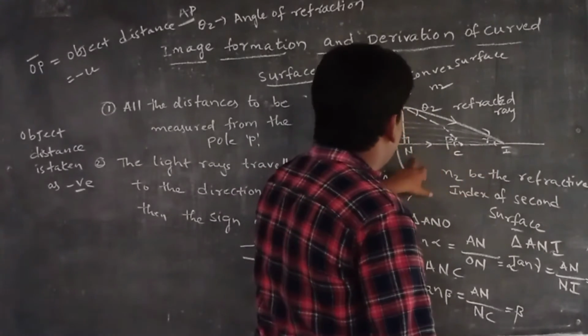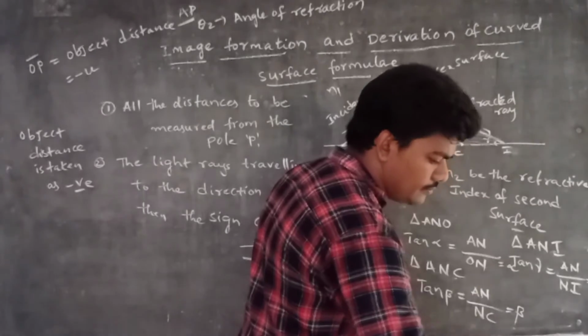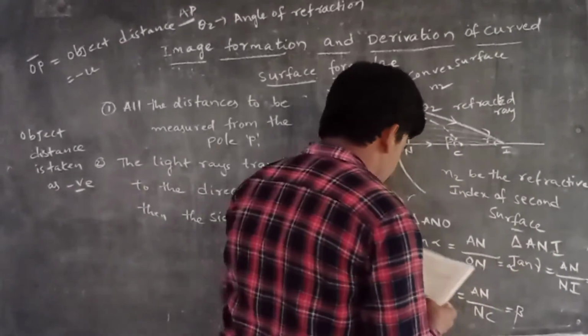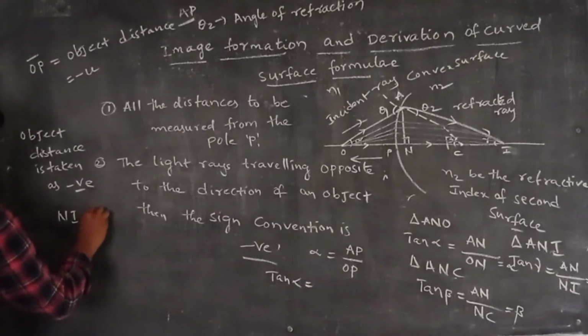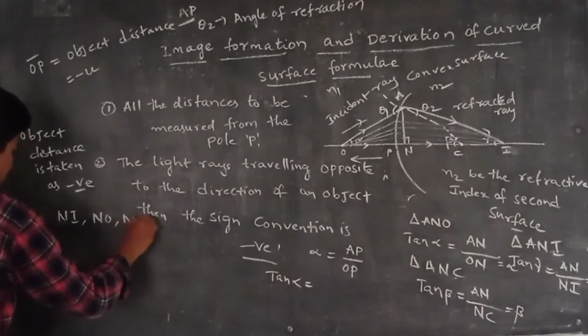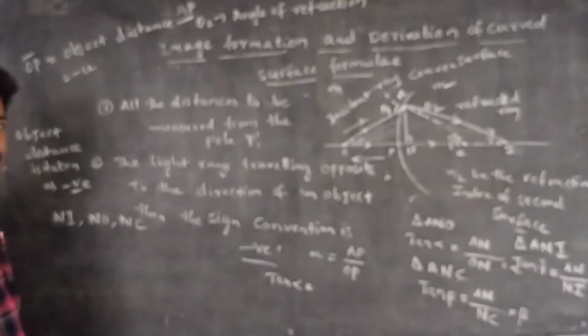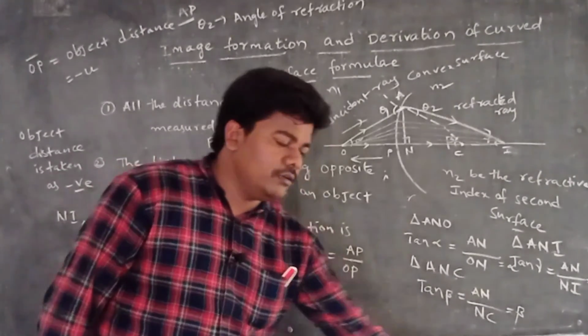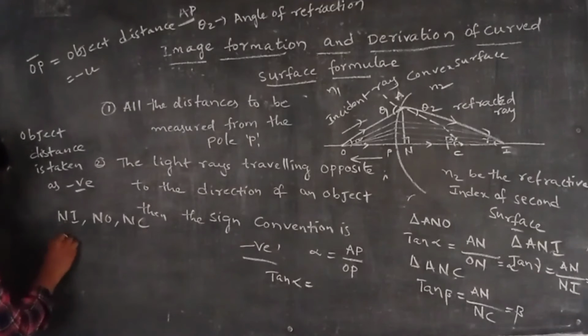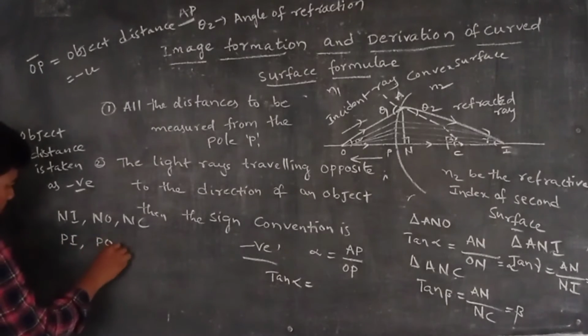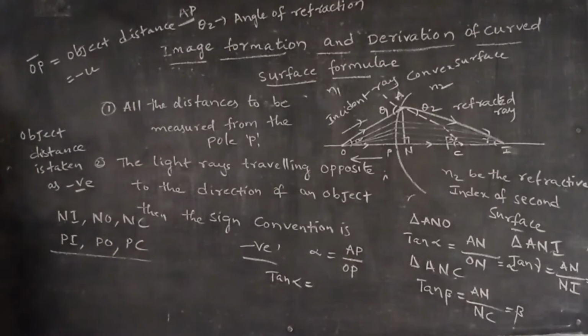NI, NO, NC coincide with which point here? They coincide with N. In place of N we have to write P, so PI, PO, and PC. Why are we writing like this?